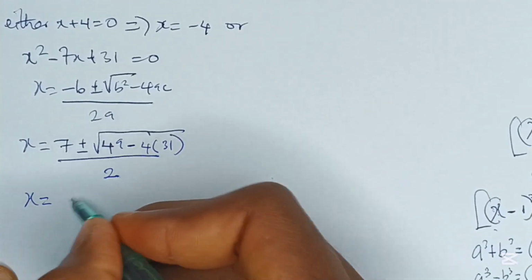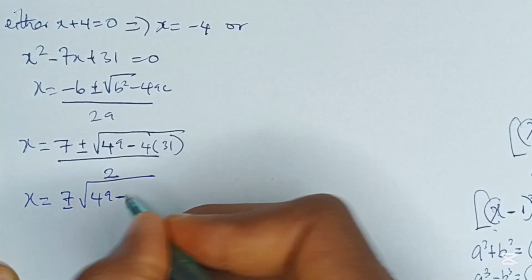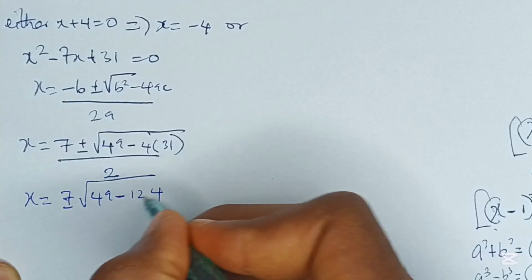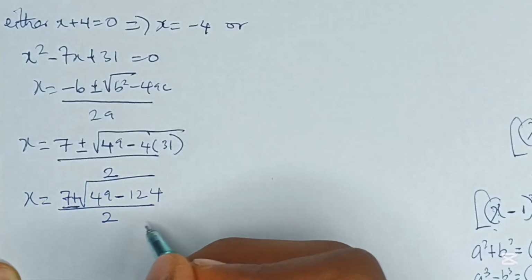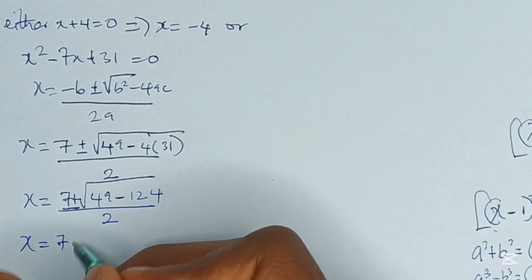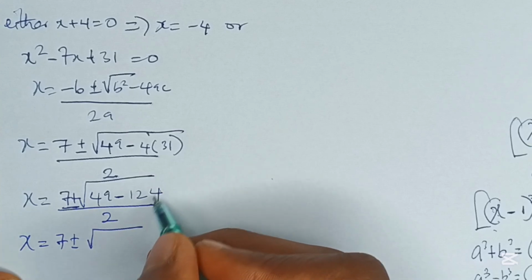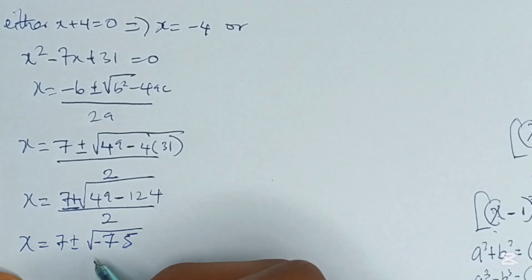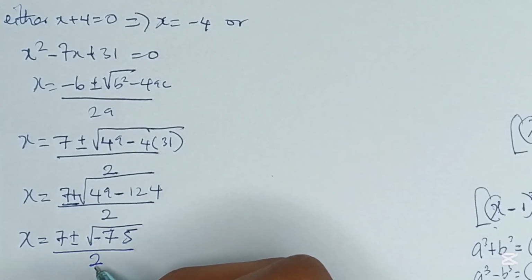Now x is equal to 7 plus or minus square root of 49 minus 4 times 1 is 4, 4 times 31 is 124, all over 2. Okay, this is plus or minus here. Now we have that x will be equal to 7 plus or minus square root of 49 minus 124 is minus 75, all over 2.